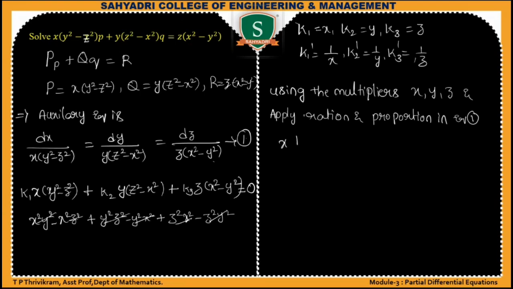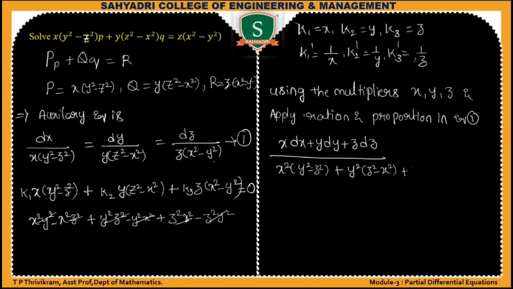So x dx plus y dy plus z dz divided by x square into (y square minus z square) plus y square into (z square minus x square) plus z square into (x square minus y square) equal to some constant c.